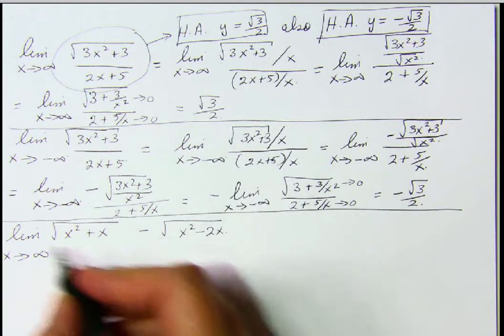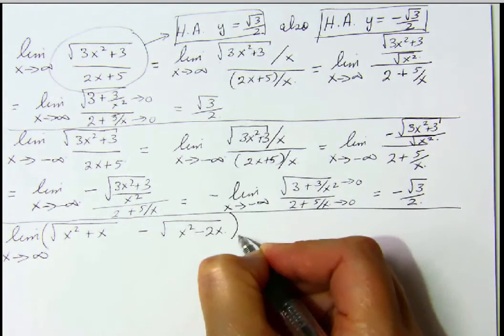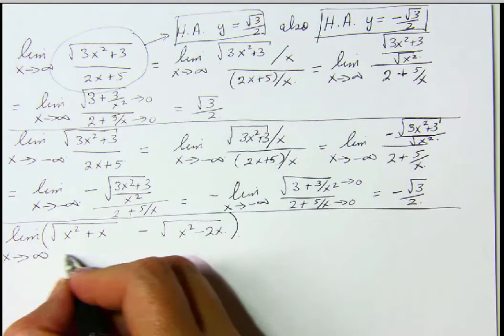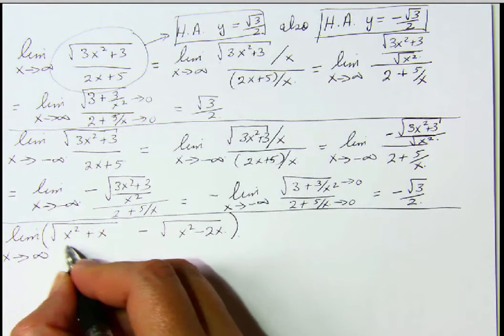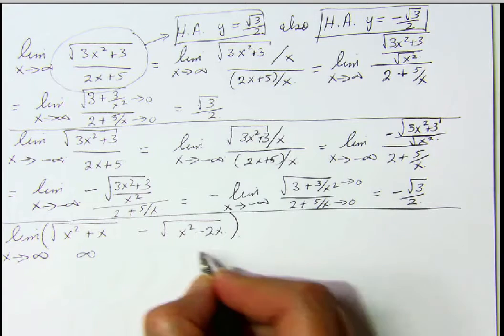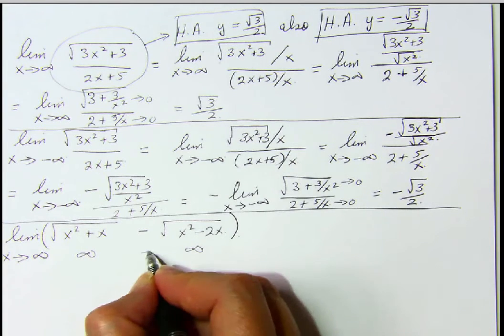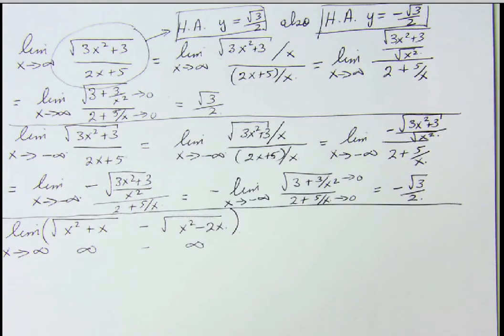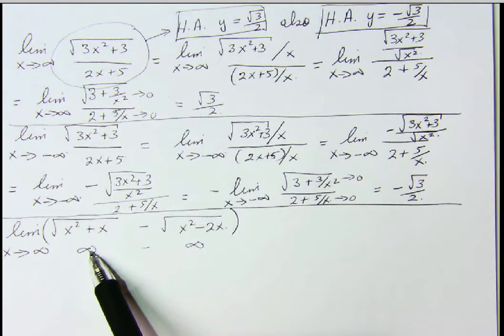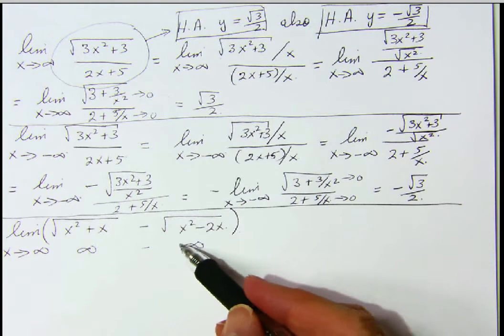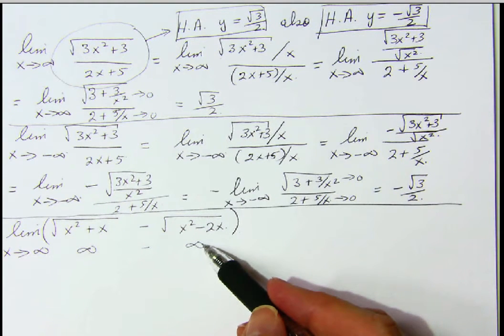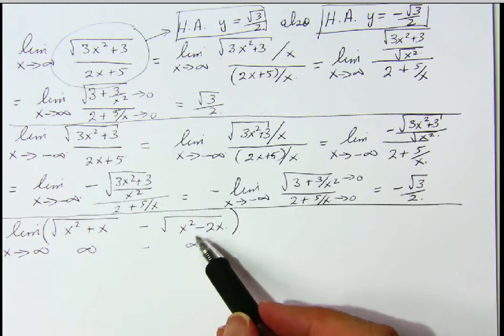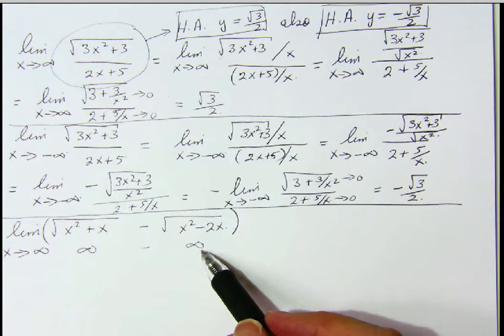Now you can imagine what the trick is to evaluate this limit. First of all, as x approaches infinity, this part goes to infinity and this part goes to infinity. So it's infinity minus infinity, and we have two different forces working on it. This infinity is increasing the value of the function, and this negative large number is decreasing it, so we can't tell which of these two forces win.